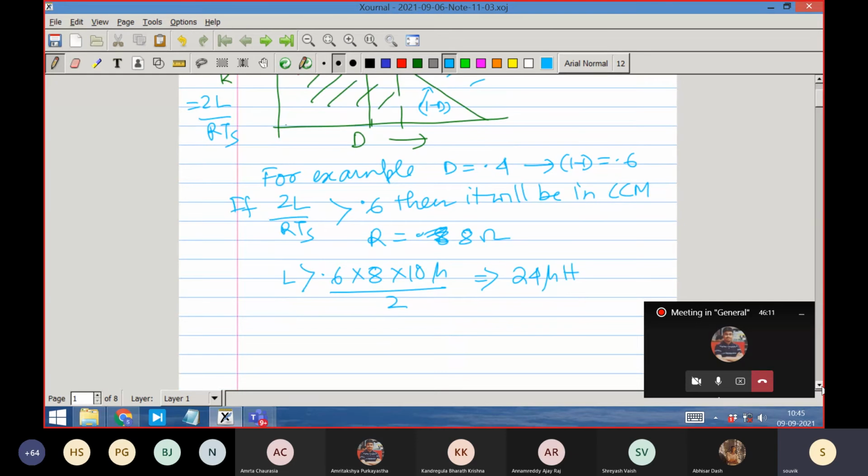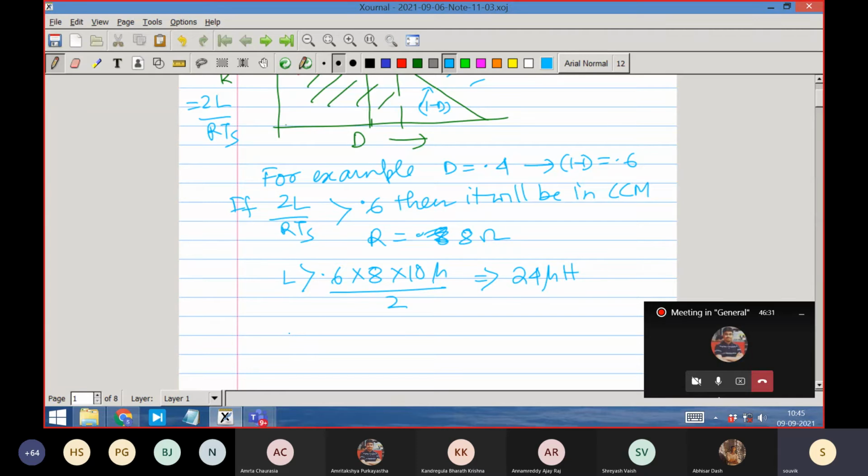So we now see that if we want to have continuous conduction mode, even at R is equal to 8 ohm, we will need an inductor which is greater than 24 microhenry. Let us say we are keeping the inductor same. So what switching frequency do we have to choose?